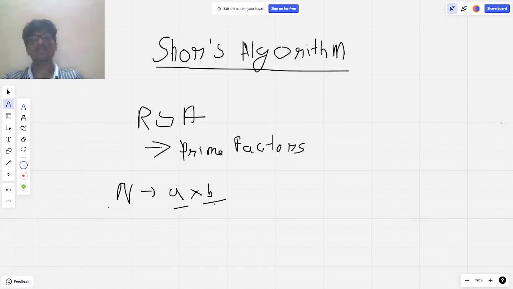These numbers will be very big, like 200 plus digits or even more for n. If we take one computer to find a and b, it will take thousands and thousands of years to calculate them. For a large number, finding its constituent prime numbers is very difficult.